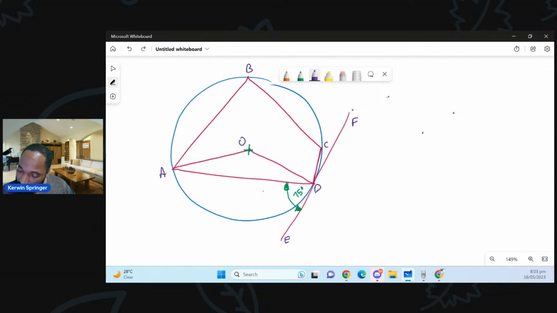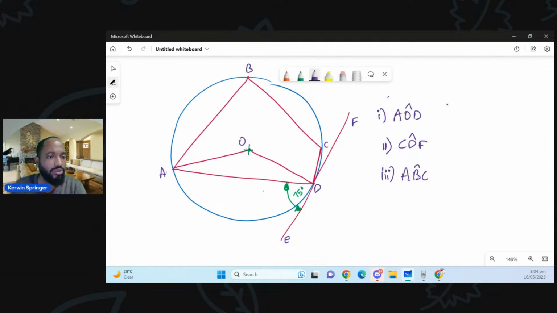So with that piece of information, find angle AOD, that's number 1. Then find angle ABC, that's number 3, and before that, find angle CDF.